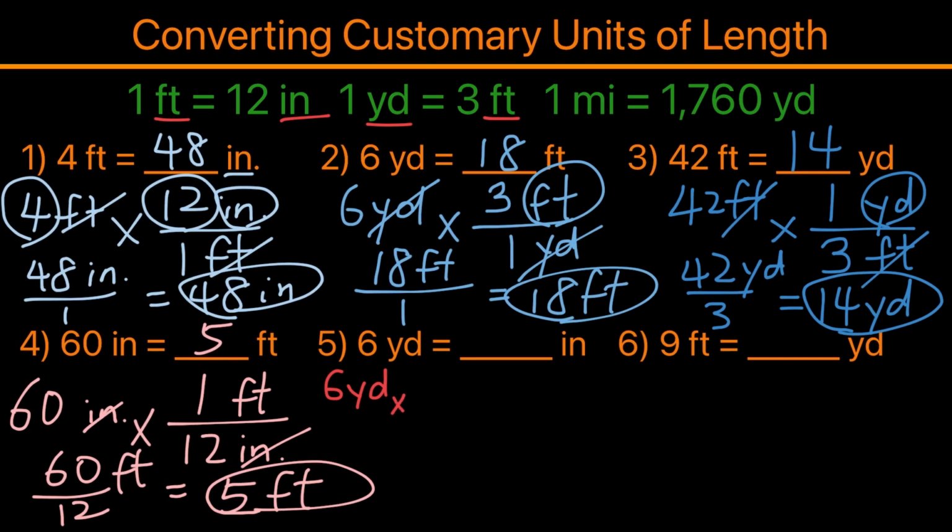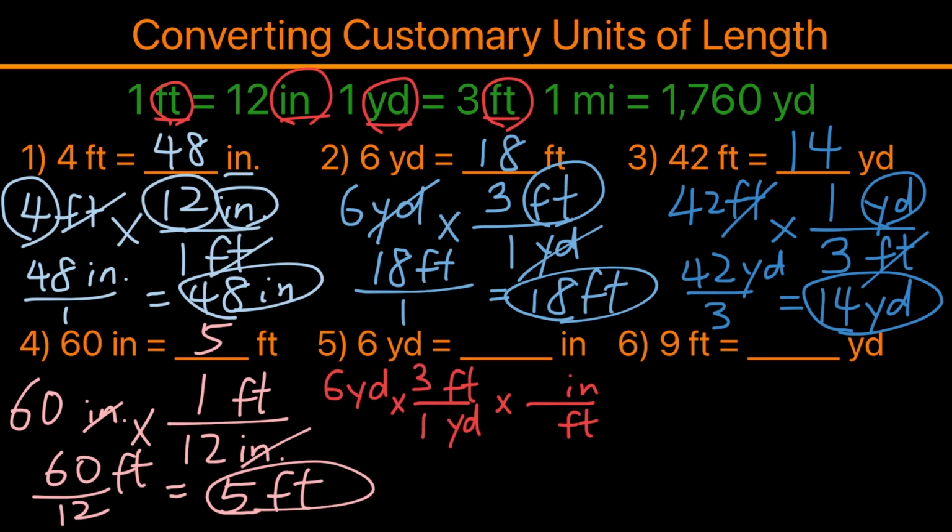So the first conversion will require yards on the bottom, and we're going to go ahead and convert that to feet first. Then we're going to convert from feet to inches. So it will be this conversion here. For yard and feet, it's 1 yard to 3 feet. And between feet and inches, it's 1 foot equals 12 inches.